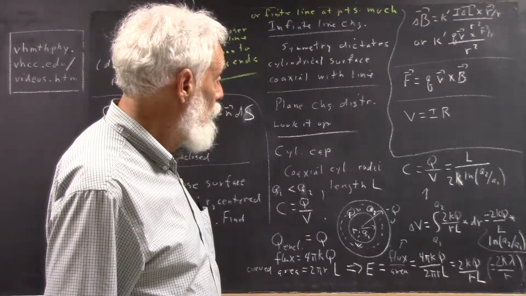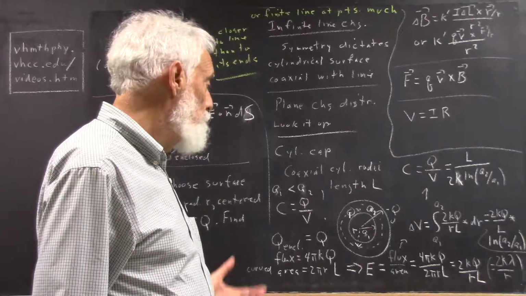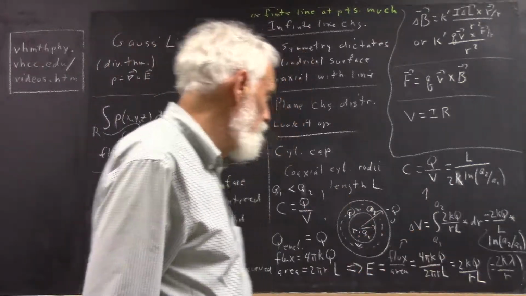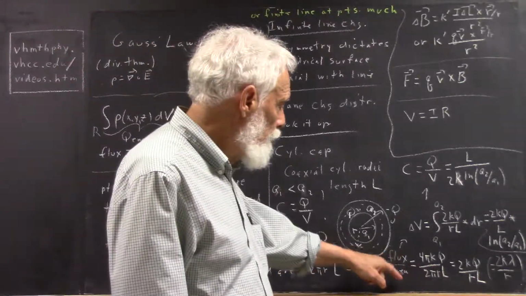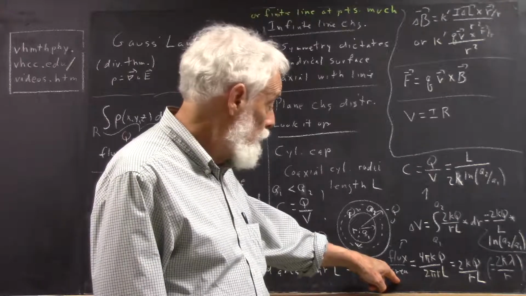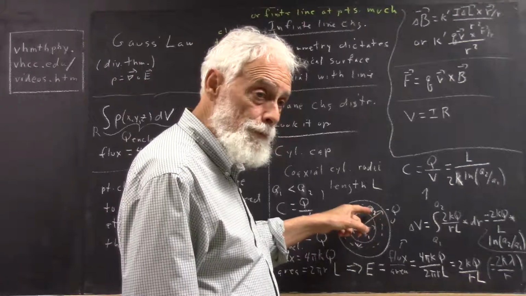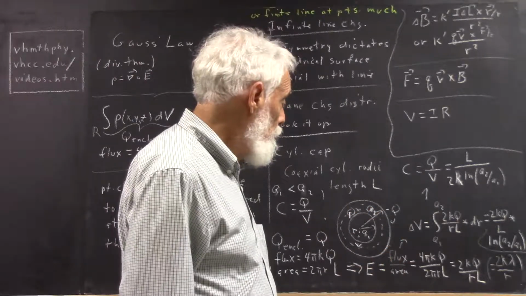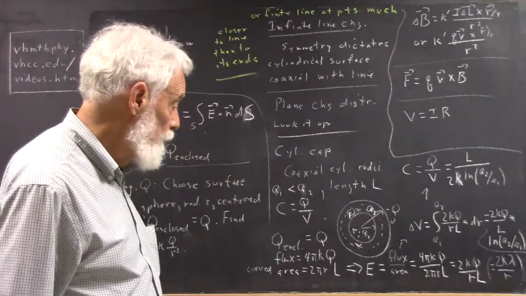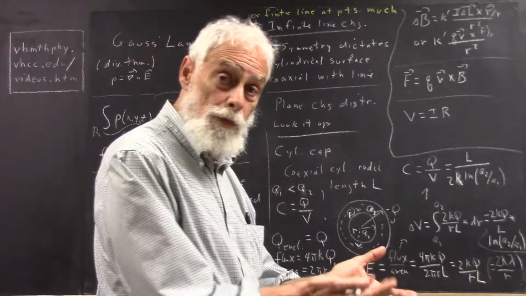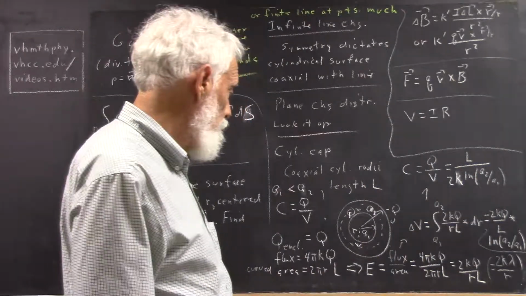Well, we know the charge per unit length, and here's the thing I was describing by waving my hands over here, where you divide the flux by the area. So if we divide the flux through this surface by the area of the surface, well, what's the flux? It's 4 pi kq, because Q is the charge enclosed. And you divide by the curved area of the cylinder, assuming the ends don't contribute a significant amount of area.